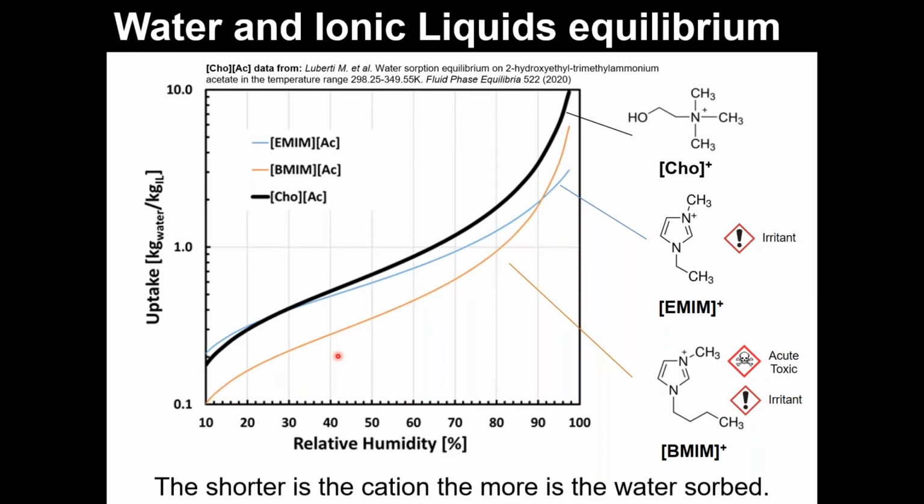So the message here is, the shorter the cation, the more water is sorbed. Again, I want to highlight that in the high relative humidity region, we can reach values of 10 kilograms of water per kilogram of ionic liquid, which is almost unbelievable.